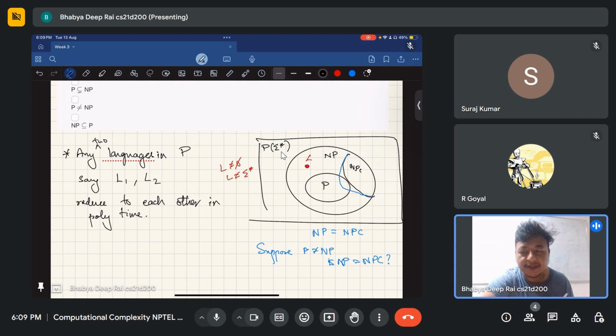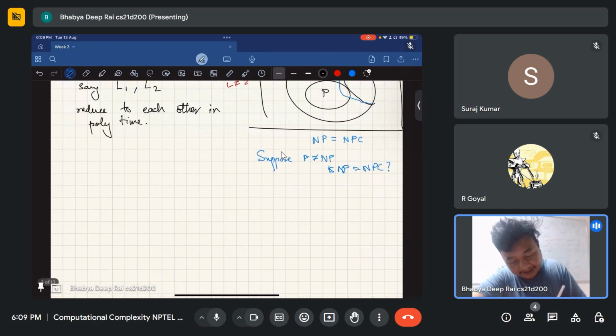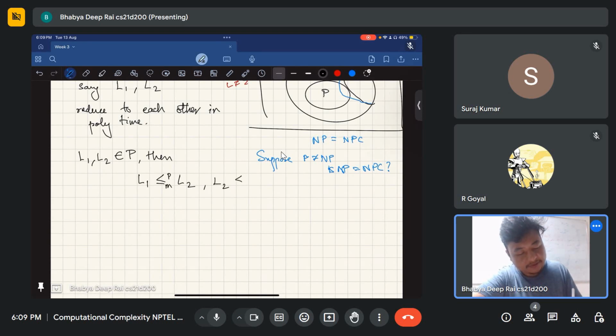This is the main observation. Mathematically, if L1 and L2 belong to P, then L1 reduces to L2 in polynomial time, and L2 reduces to L1 in polynomial time.